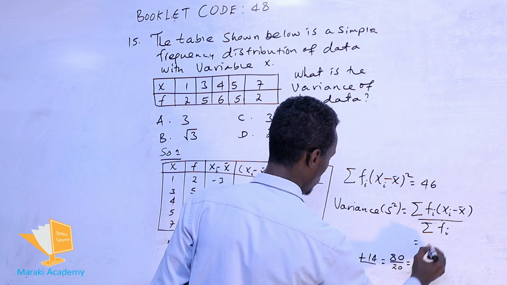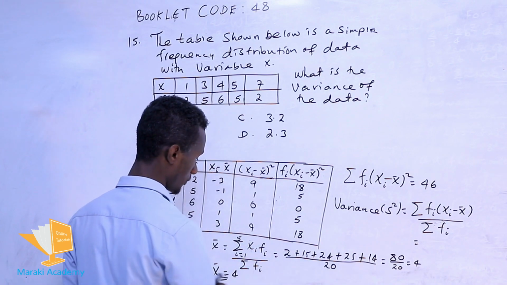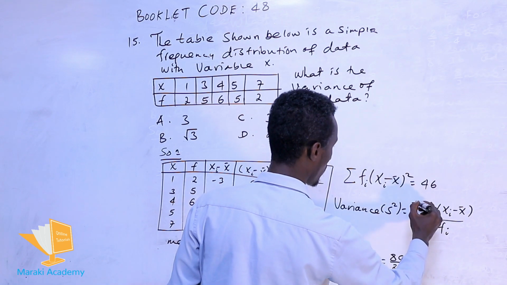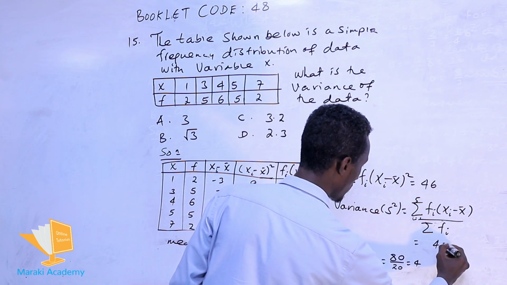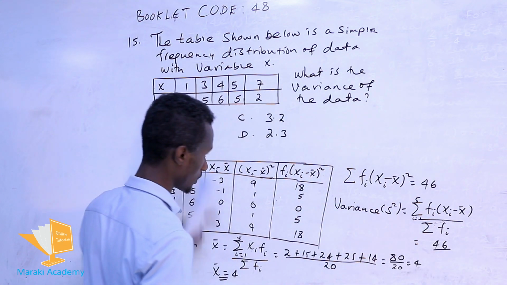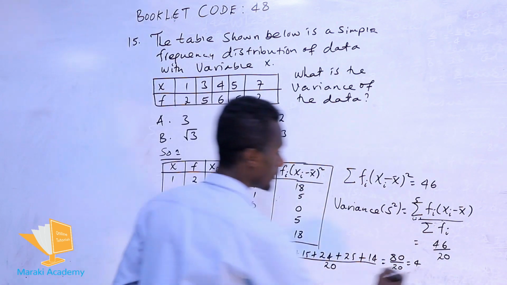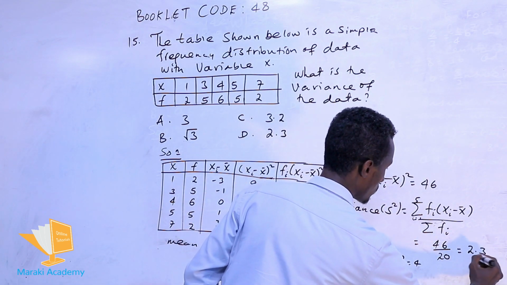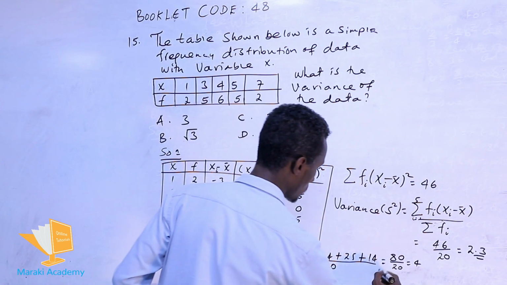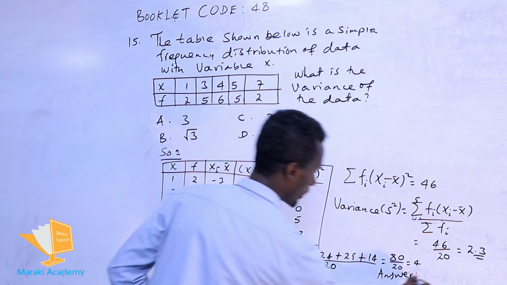The sum of this whole expression from i starting at 1 up to 5 is 46. We divide by the sum of the frequency, 20. When you divide 46 by 20, the result is 2.3. So our variance is 2.3. Our answer is choice D.